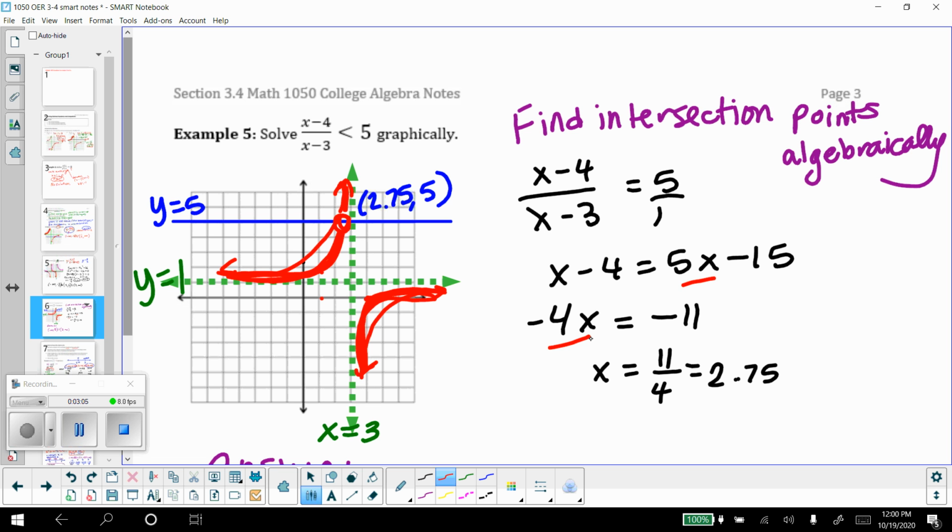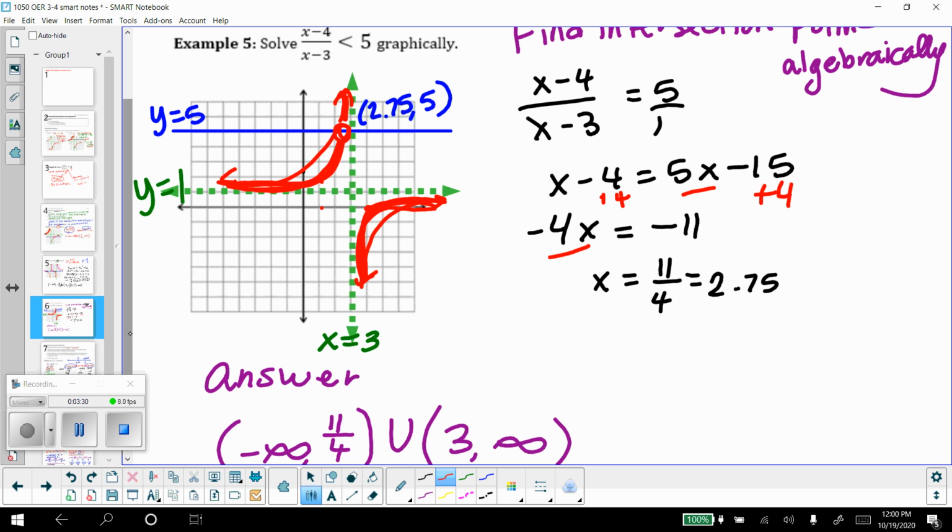And then add the 4 to both sides. So that changes my negative 15 into a negative 11. Divide negative 11 by negative 4, and the negatives cancel, and I end up with positive 2.75. So that's where the two graphs cross, at 2.75 up on that line where y equals 5.